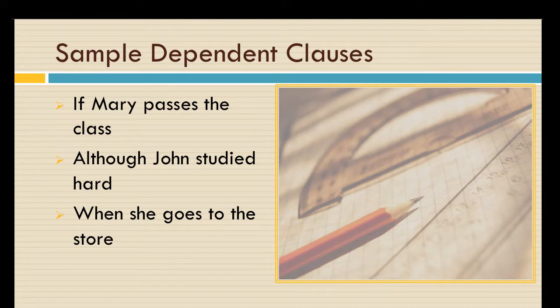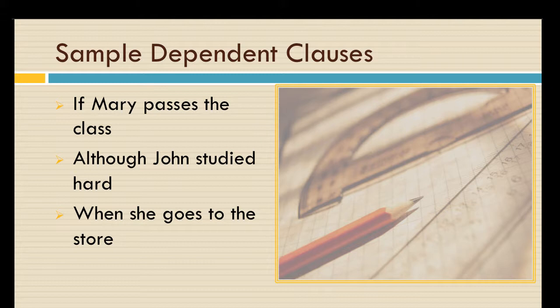Now, notice that each of these word groups does have a subject and a verb. Remember that to find a verb, we look for action words or forms of the verb to be, such as is, are, was, and were. Then, once we've found the verb, to find the subject, we ask who or what performs the action, or who or what is, are, was, or were.